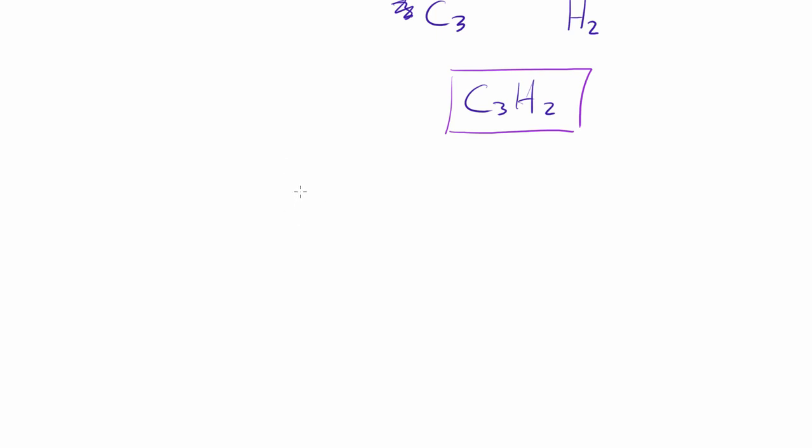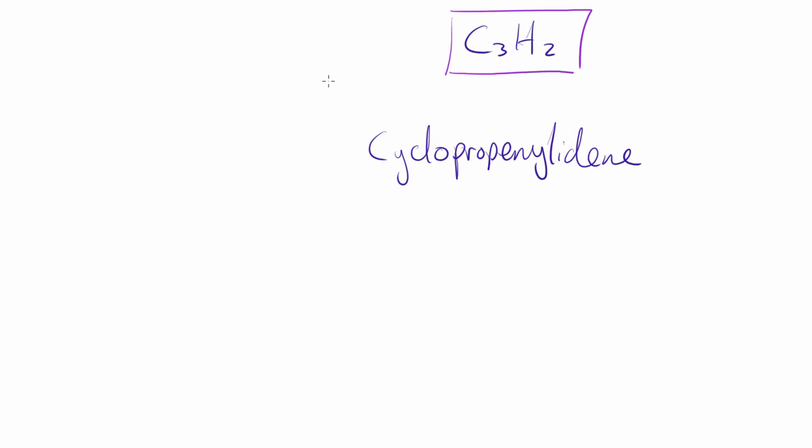So this is called cyclopropionylidene. I'm not going to go too much into what this is, but you can look into this in your own time. It looks something like this.